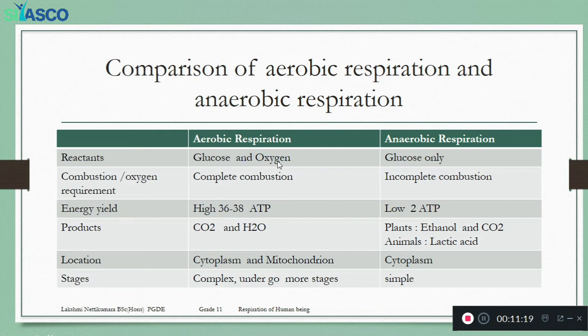Glucose and oxygen combine and form carbon dioxide and water. Combining with oxygen completely is called complete combustion. It produces 36 to 38 ATP molecules. The location is the cytoplasm and mitochondria.